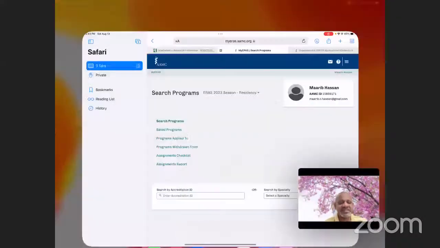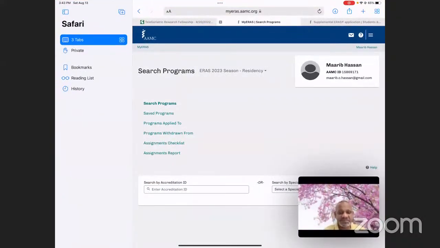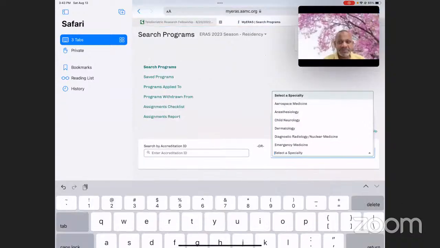Maybe from the group who are still present, do you have any idea about the supplemental form? Yeah, I can show you that in the ERAS, in this specialty.